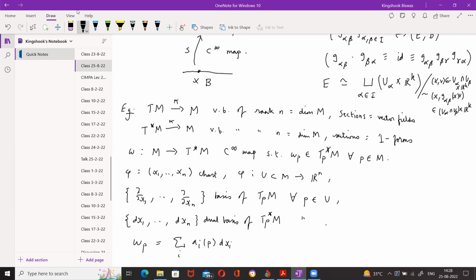And omega smooth means that the ai's, these functions, are smooth functions.